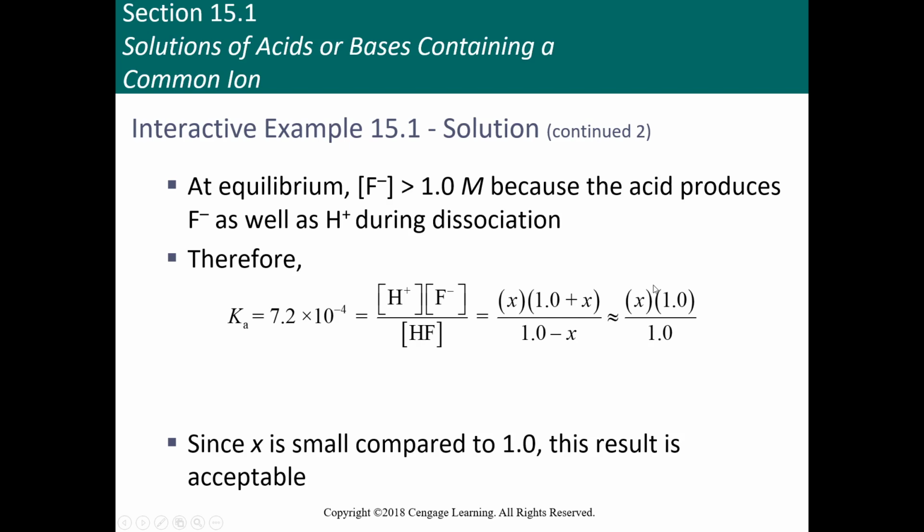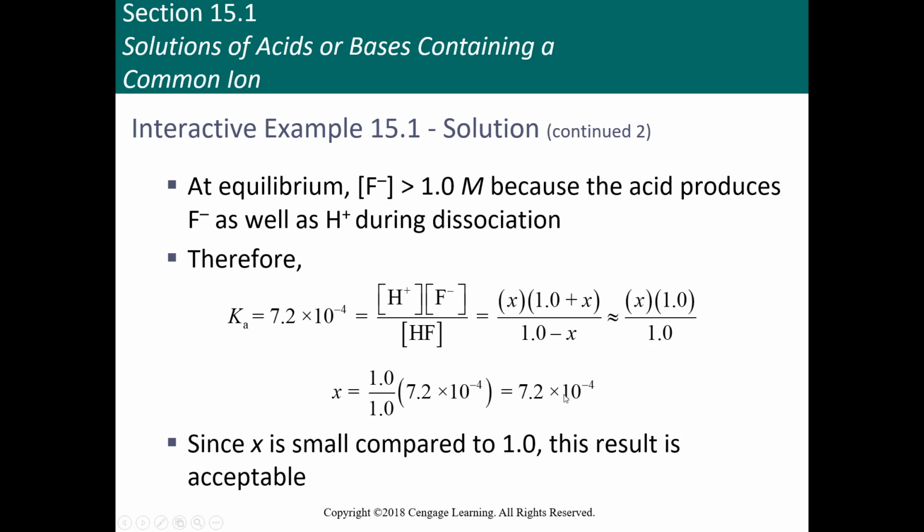We can assume that problem would equate to this. That this would be a very close approximation. That means you only have 1 times X here, don't you? And 1 divided by 1 is, well, 1. So you actually find out in this case the Ka is equal to X. So that X actually ends up being just our Ka value right here.